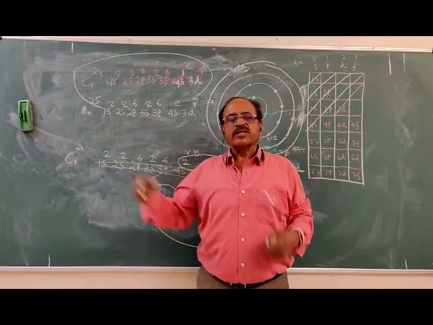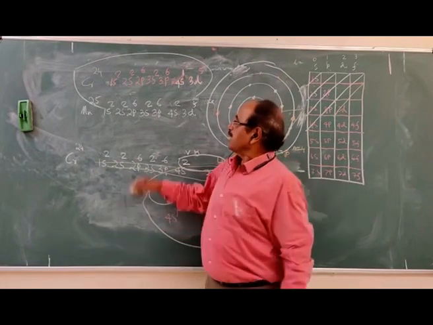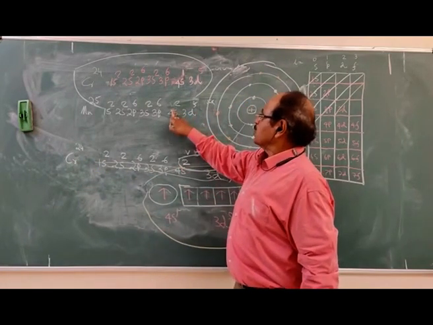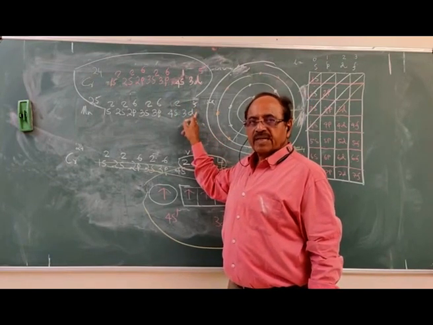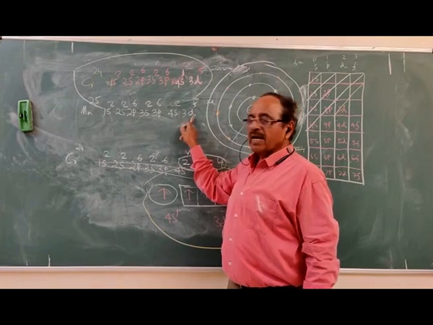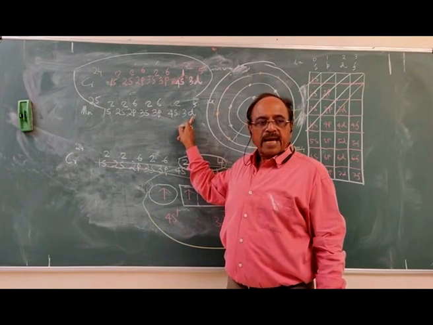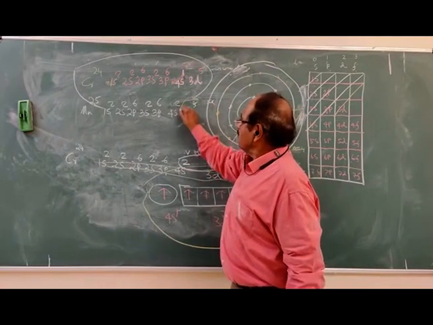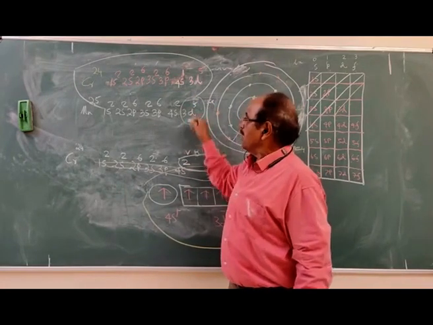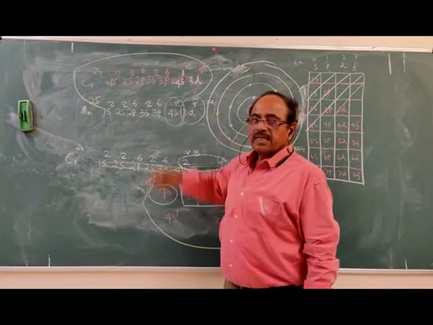the other configurations available. So here 3d6 4s1 is available, 4s2 3d5 is available, but 4s2 3d5 is more stable than 4s1 3d6, because 3d5 is half-filled stable, and this 4s2 is stable.